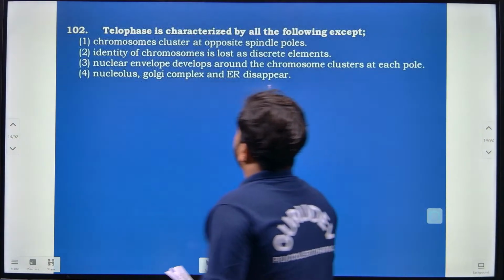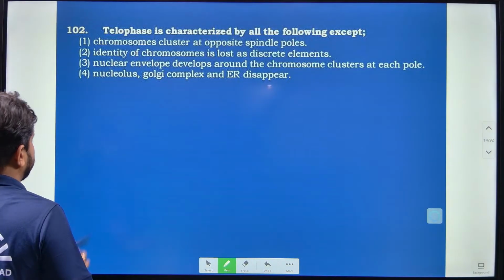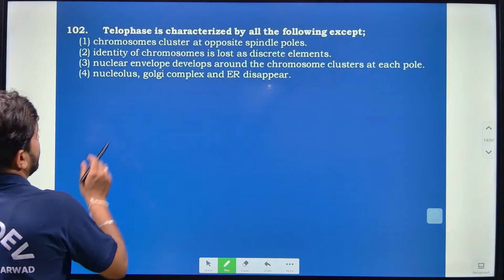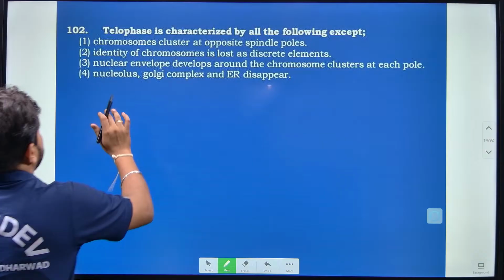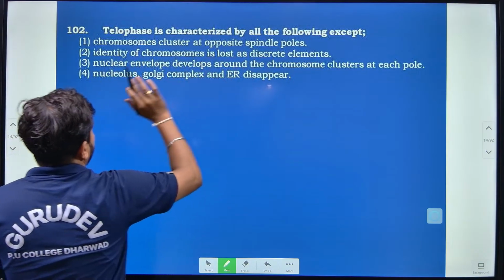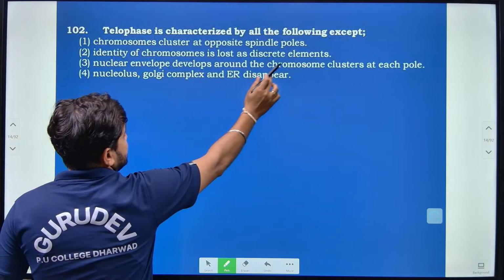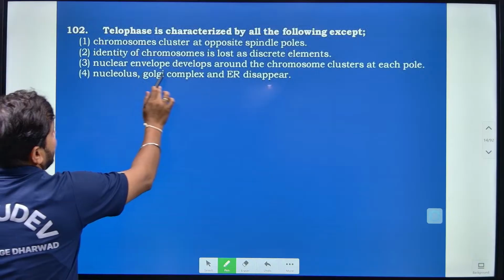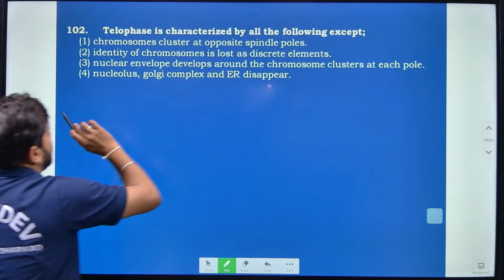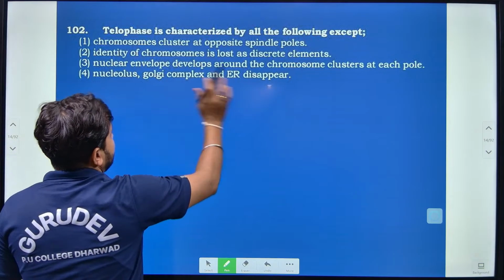Then, telophase is characterized by all of the following except, right? Majorly chromosomes cluster at opposite spindle poles, the identity of chromosomes is lost as distinct elements, and the nuclear envelope develops around the chromosome cluster at each pole. Nucleolus, Golgi complex and endoplasmic reticulum disappears.